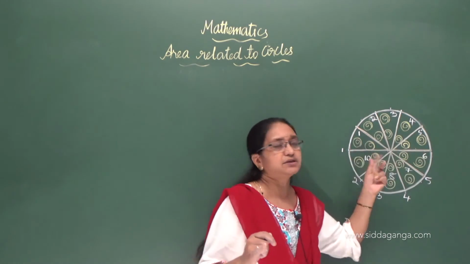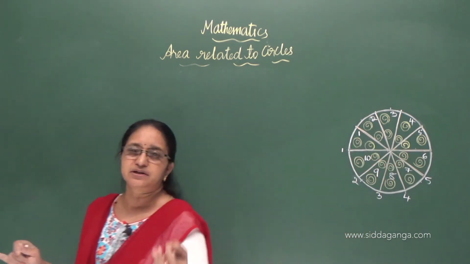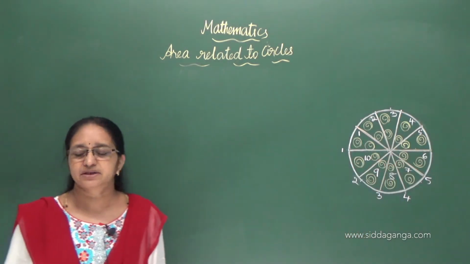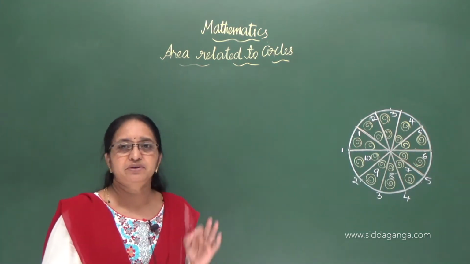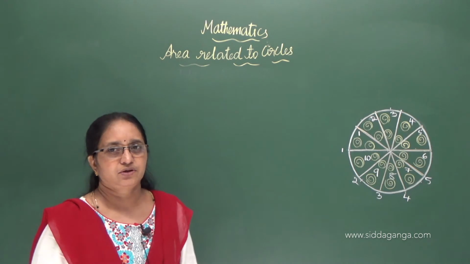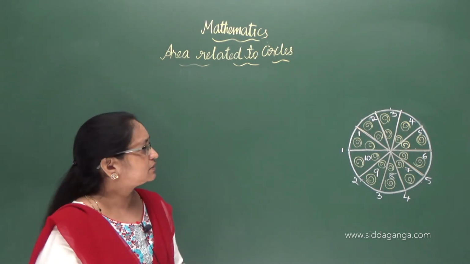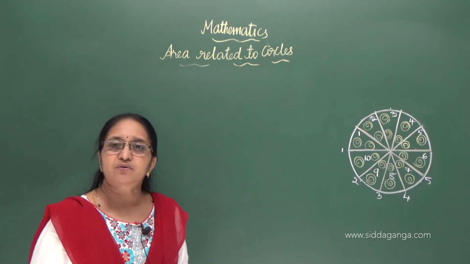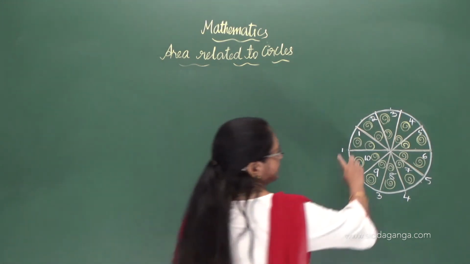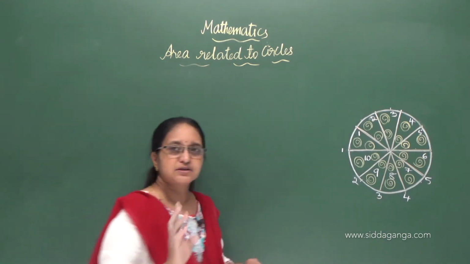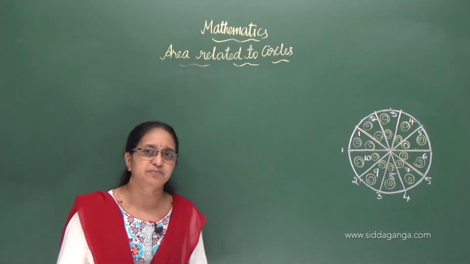So you have to see the measurement of the diameter, that is 35 millimeter. So 35 millimeter into 5. So definitely you will get the silver wire required for 5 diameters, correct? Plus this circumference. Is it clear? Try to understand the problem.